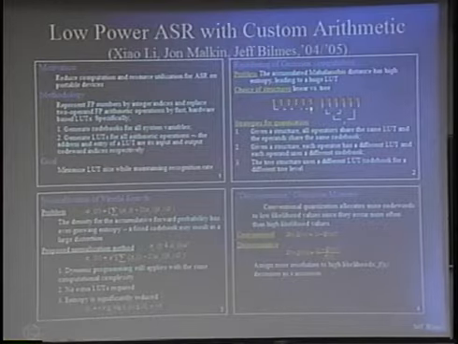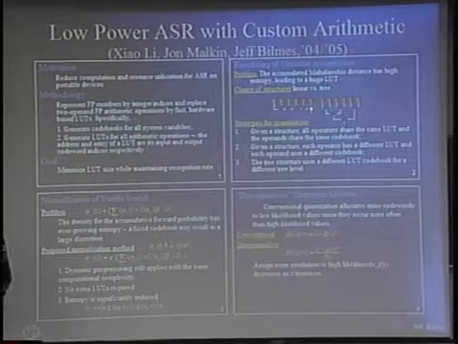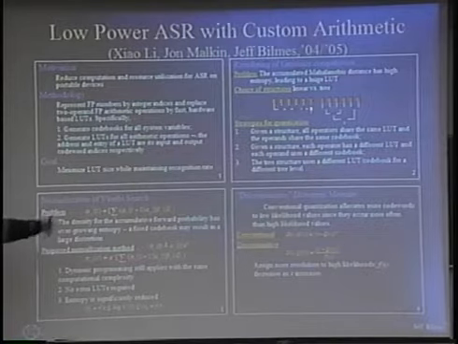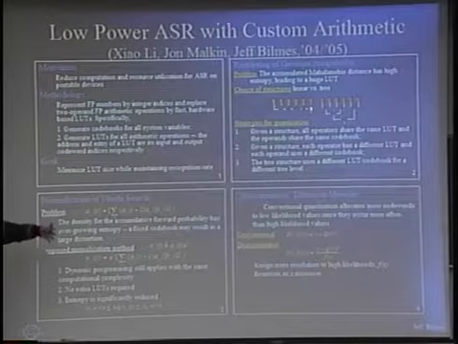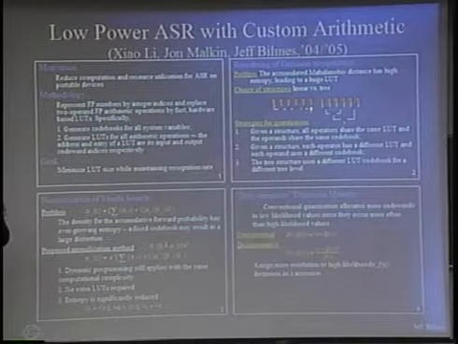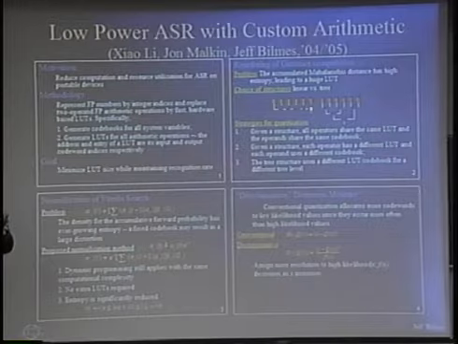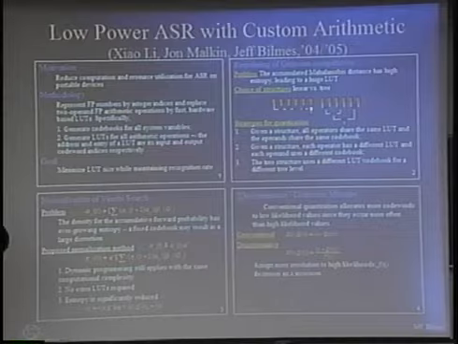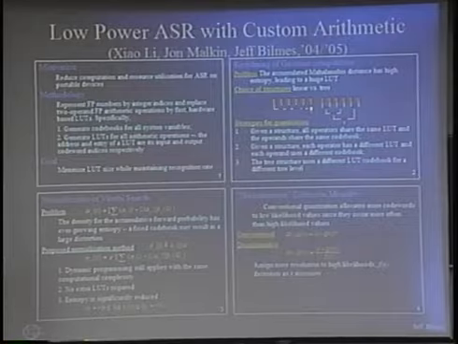So what we did here was try to essentially take the entire speech recognition process. And you can think of the speech recognition process as a big data flow graph. Basically, you've got a set of inputs which consist of your speech signal going through this big data flow graph, where each data flow graph consists of a signal and possible operations on the signals like addition and multiplication and other sorts of operations.